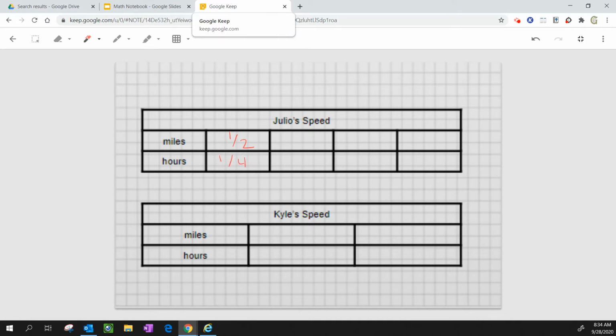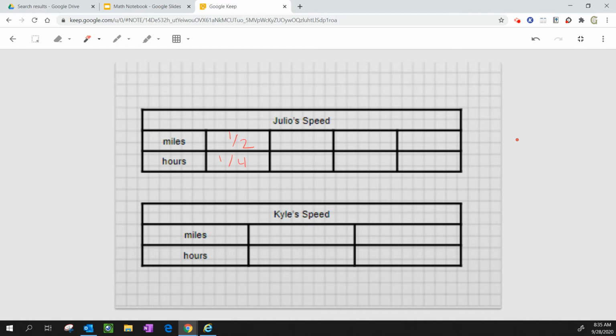Okay, so we know to unit rate, we have to get to the number 1. And so in order to do that, if you remember from yesterday, you should already maybe have an idea what we're going to have to do with the 1/4 to get to 1. But if you're not sure, we'll do some trying here. So I know 1/4 is a proper fraction, and so that means it's smaller than 1. So to get it to 1, I'm going to have to end up multiplying to get there.